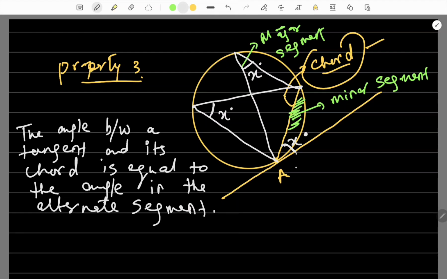Clarity, beta? The angle between a tangent and its chord is equal to the angle in the alternate segment. Clarity, beta? I hope this is pretty simple, very easy.